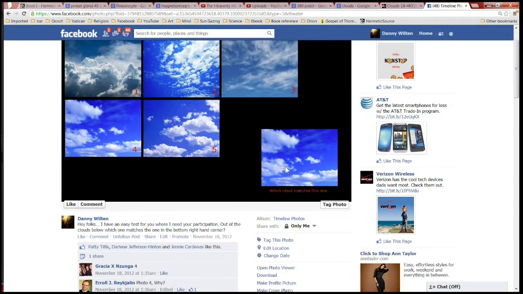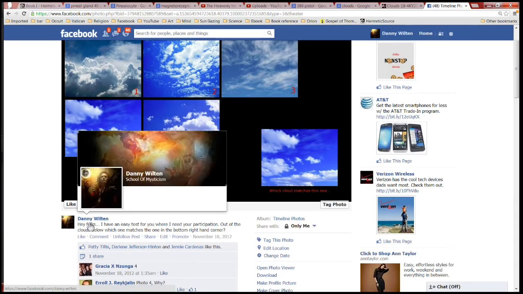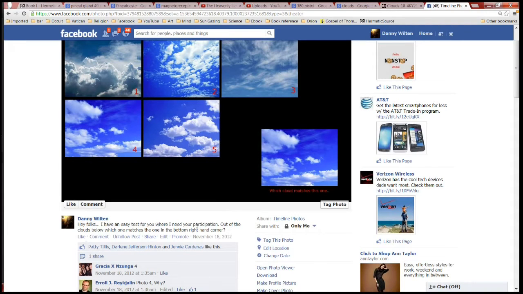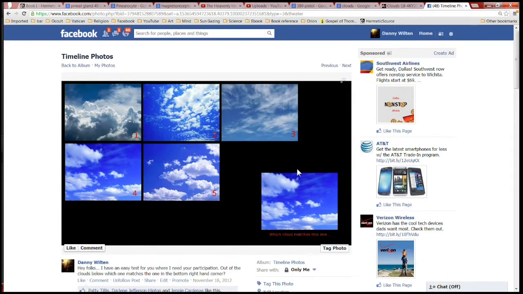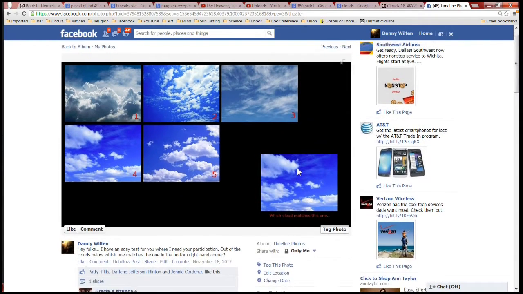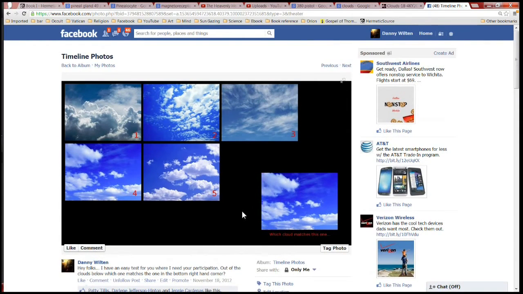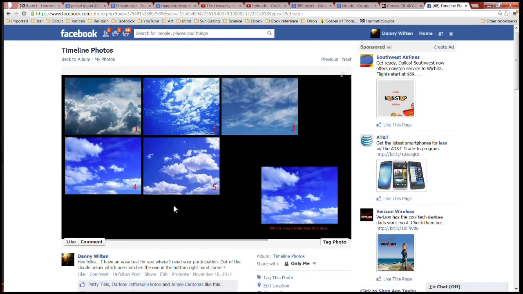The test that was performed, which they were not told what it was, I just said that I have an easy test for you. I want you to tell me which cloud in the upper left matches the one in the bottom right-hand corner. I did not tell them what it was for, in order to keep an objective point of view in the test. I wanted to remain unbiased.